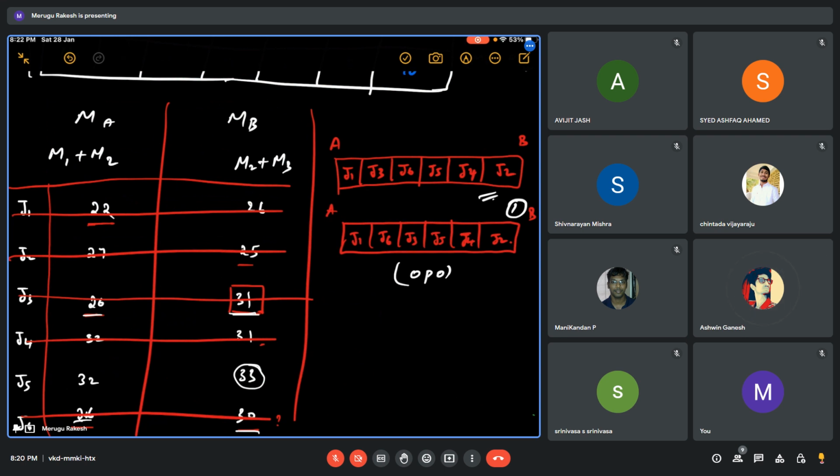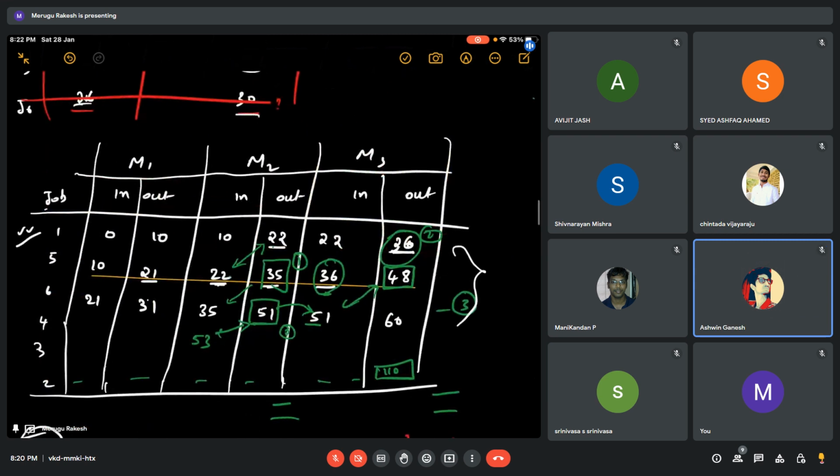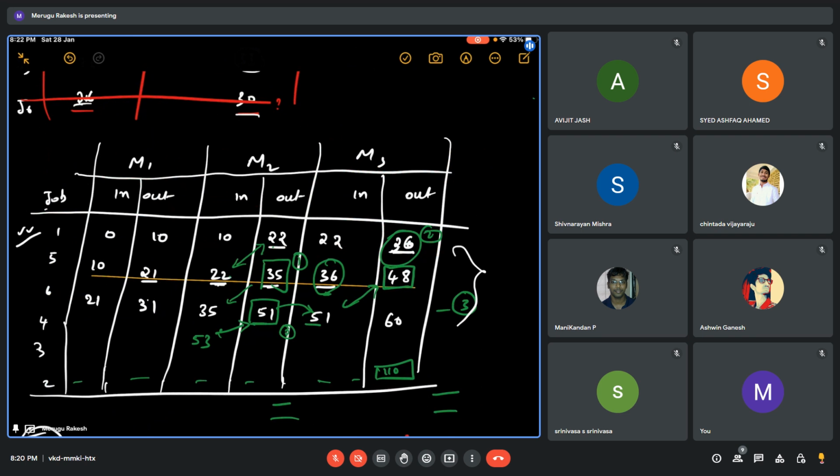Sir, can you kindly explain this table for three machines? The thing is similar. We'll have a job sequence here, we'll have in time, we'll have out time. That out time will be carried over here, and we'll add the time for that certain job in machine 2. Suppose in this case it is 12 hours, so 10 plus 12 will get 22.